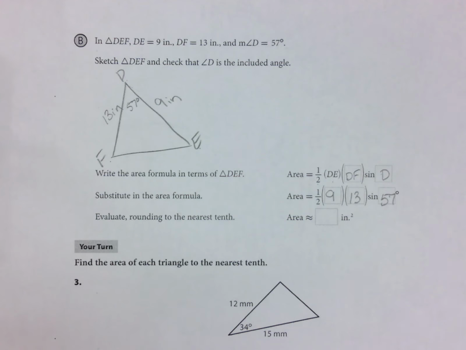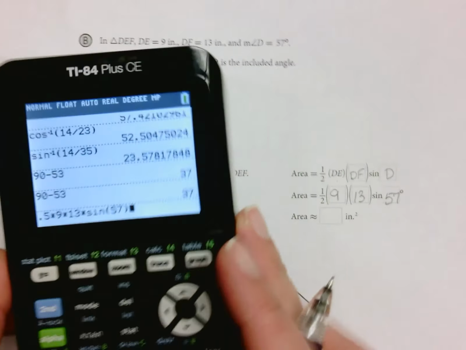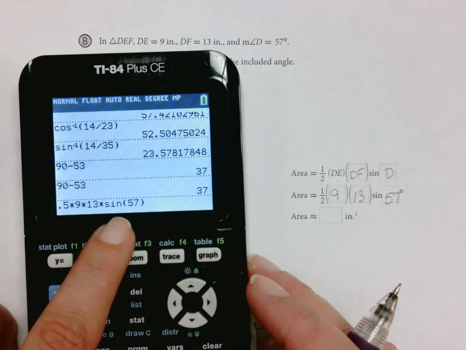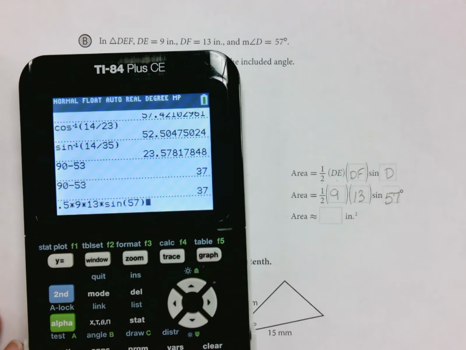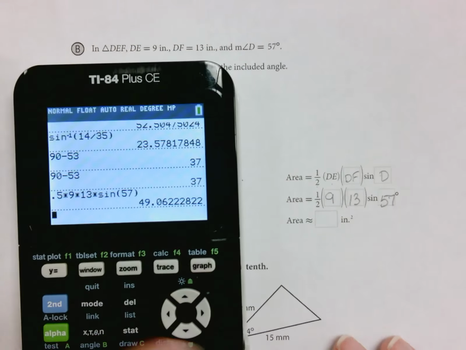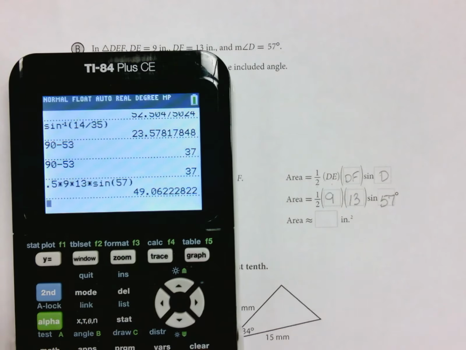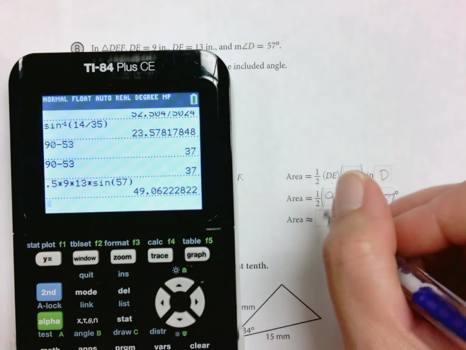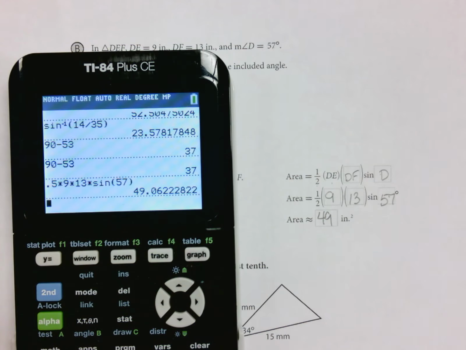Get your handy dandy calculator and enter 1/2 times 9 times 13 times the sine of 57 degrees. You have to make sure that you put in sine of 57 degrees. If you put in 57 alone, it's going to do something crazy that you don't want it to do. We're going to round to the nearest inch here because I don't think they gave us any specific directions. The area of this triangle is 49 inches squared.